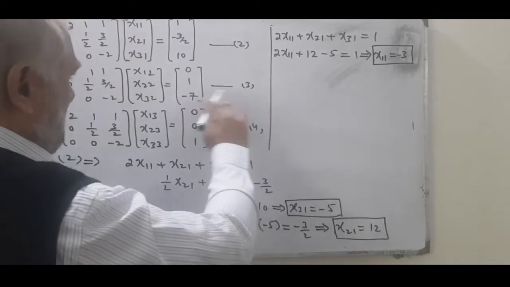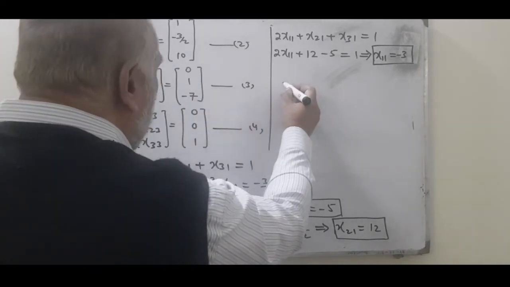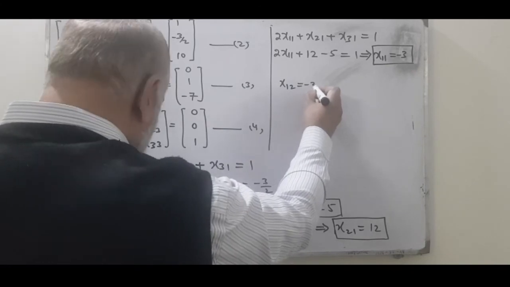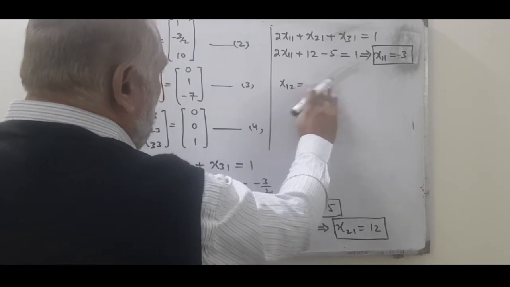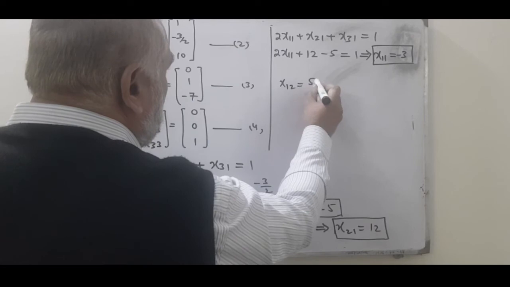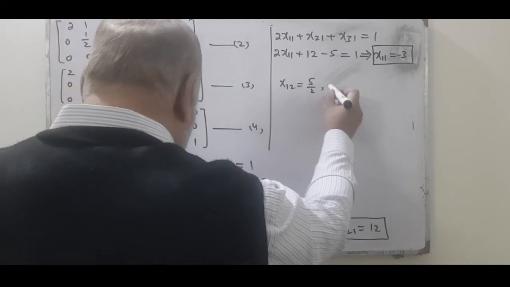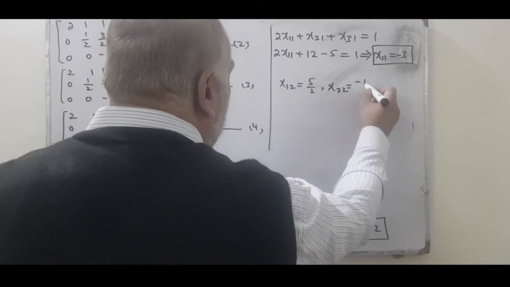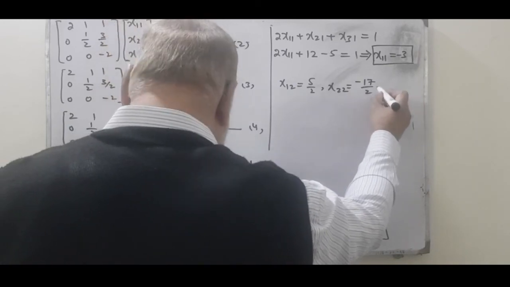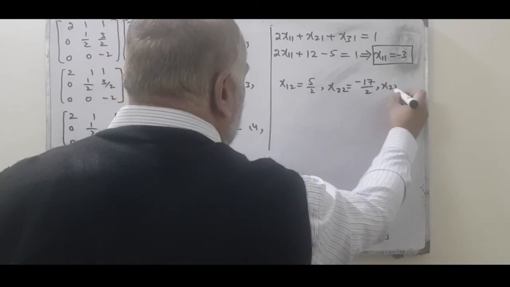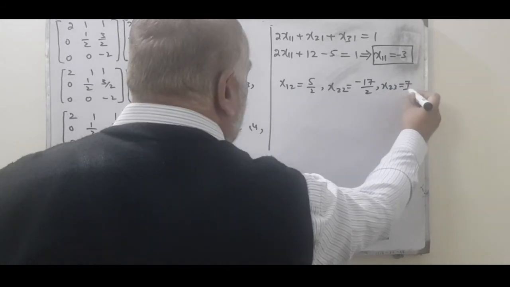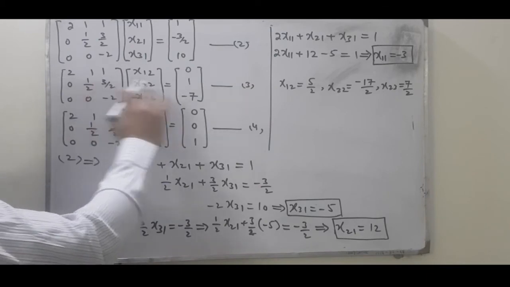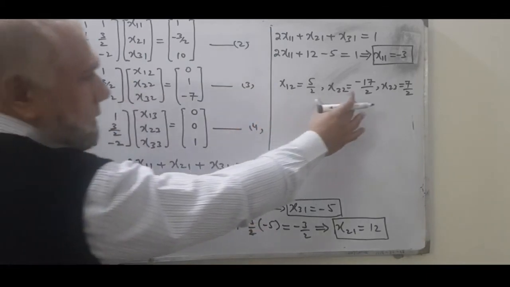After solving these systems, we'll be getting x12 is equals to 5 by 2, x22 is equals to minus 17 by 2, and x32 is equals to 7 by 2. This is the result coming from this system.